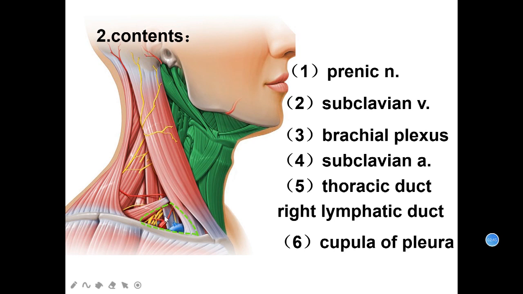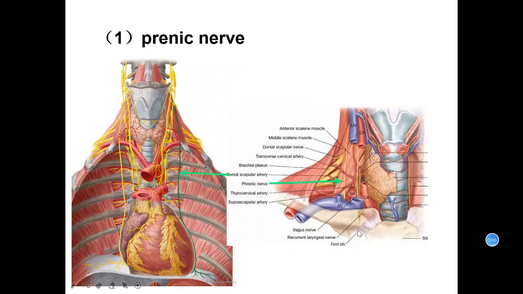They are big structures. The contents are the phrenic nerve, subclavian vein, subclavian artery, brachial plexus, and on the right side a right lymphatic duct, on the left side the thoracic duct, and the cupula of the pleura.